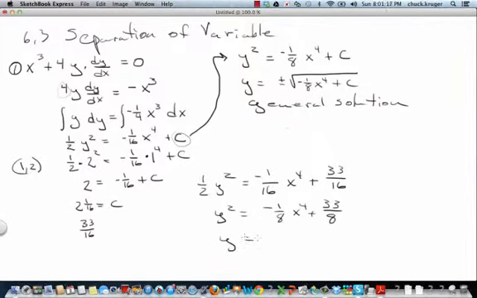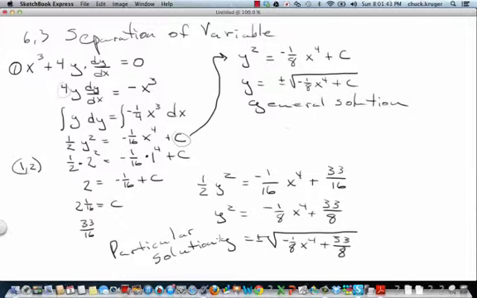And so y is going to equal the square root, plus or minus anyway, of negative 1/8 x to the 4th plus 33/8. And this is my particular solution.